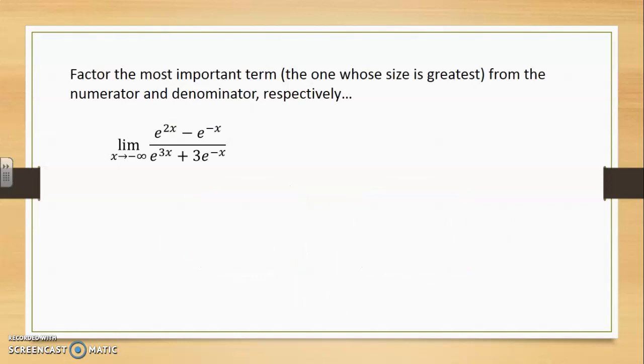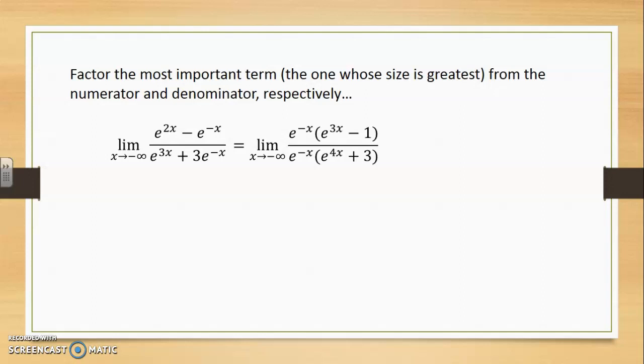Remember our strategy. Our strategy is not to factor out the biggest exponent, it's to factor out the terms of greatest size. And in this case, the terms of greatest size are the e to the minus x that appear top and bottom. So that's what we'll factor. And using properties of exponents, we can determine that we are leaving e to the 3x minus 1 behind from the numerator, e to the 4x plus 3 behind from the denominator.